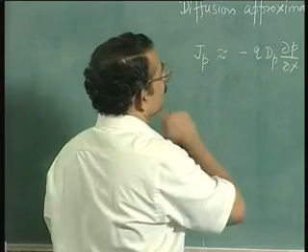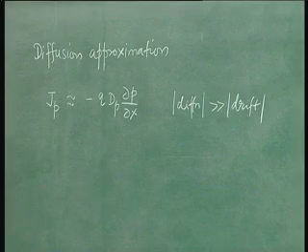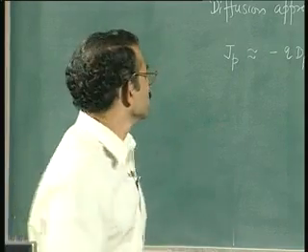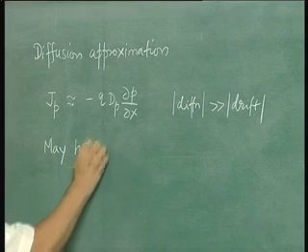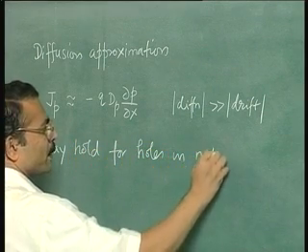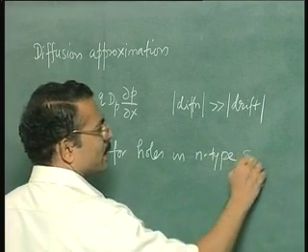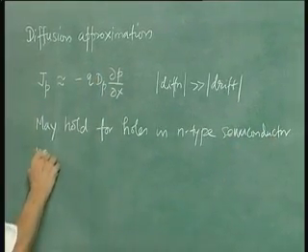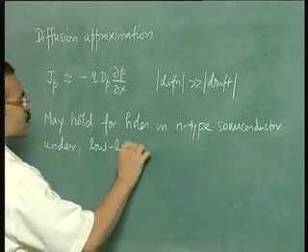Now this will not hold for majority carriers. This kind of approximation that drift is very small compared to diffusion may not hold for majority carriers because the concentration of majority carriers is very, very high. So the drift current for these carriers is high. So we will write here may hold for holes in n-type semiconductor under low level conditions.